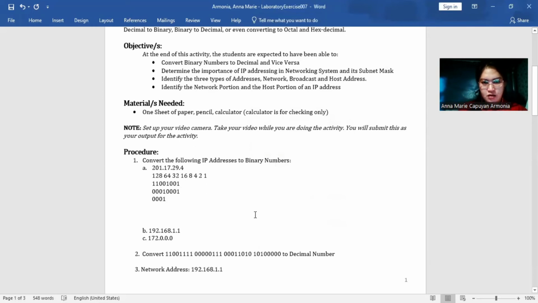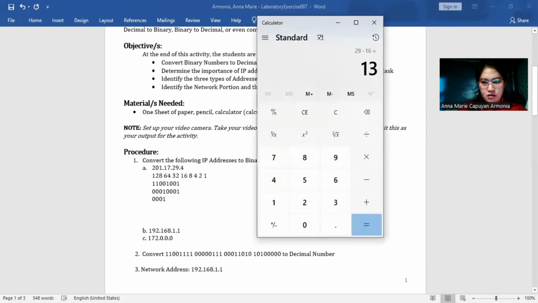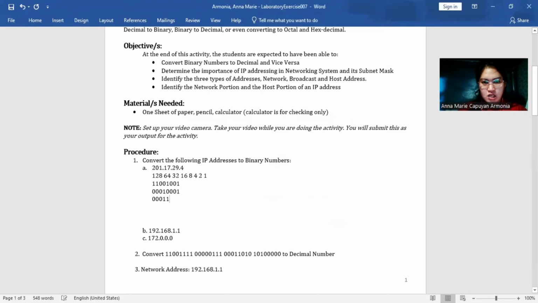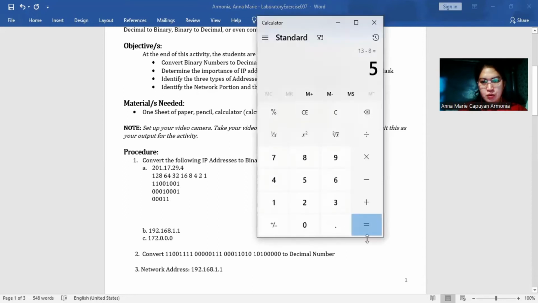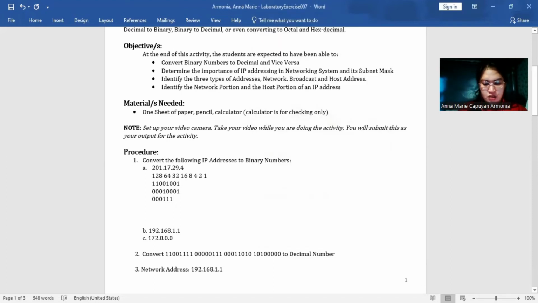And then 13 minus 8 is 5, so another 1 here. And then 5 minus 4, so another 1 here. And then 0, and then 1.